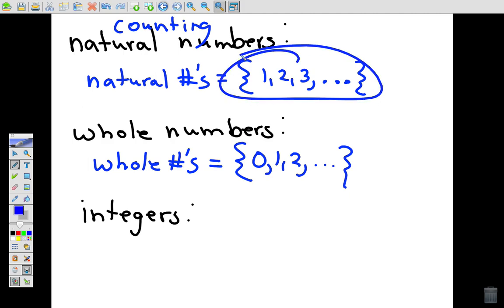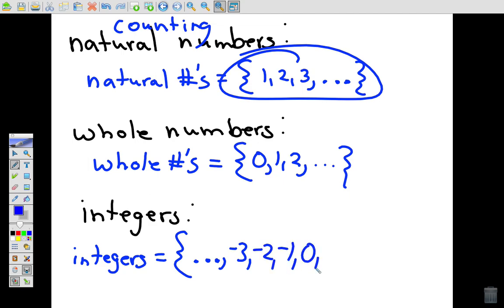All right, the integers now. So integers are the set containing dot, dot, dot, comma, -3, -2, -1, and so on. There are different ways you could show this, comma, dot, dot, dot, brace.